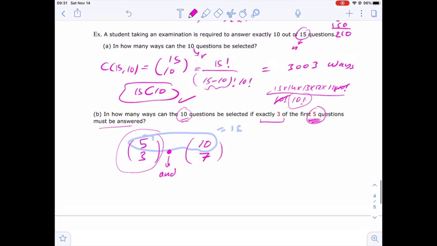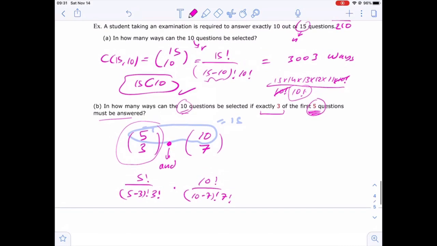Then you can use the calculator, or you can do it by hand this way, times 10 factorial over (10 minus 7) factorial times 7 factorial. Now the first expression becomes 5 factorial over 2 factorial times 3 factorial, and the second one is 10 factorial over 3 factorial times 7 factorial.